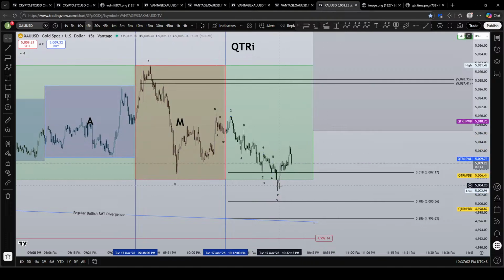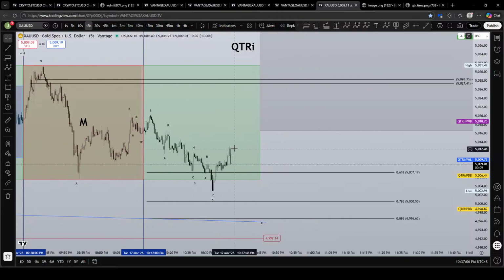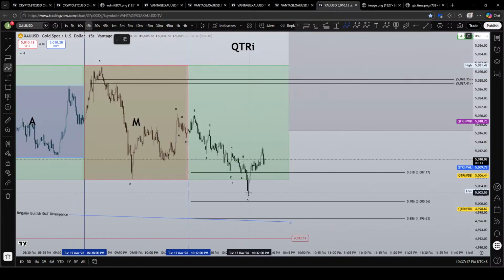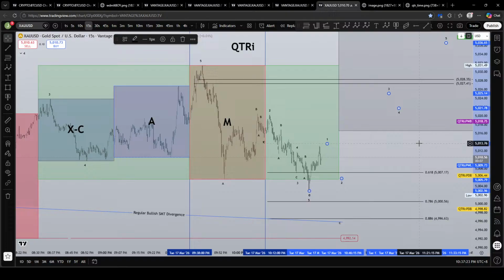So we just need to have 5 waves for this one. If the first uptrend becomes mini 5 waves or a motive wave, then the best opportunity to make an entry will be the successful wave 2.